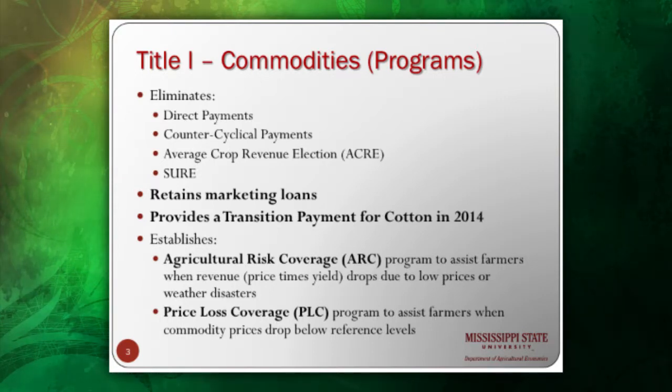The two big new programs that are created in this legislation are what we call ARC, Agricultural Risk Coverage, that is revenue triggered, price times yield, and the Price Loss Coverage Program, which looks very similar to the historical countercyclical payment program, and so would be more familiar to many of our producers. And we'll talk in more detail about both of those programs.